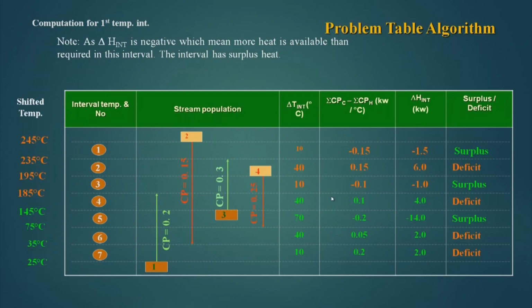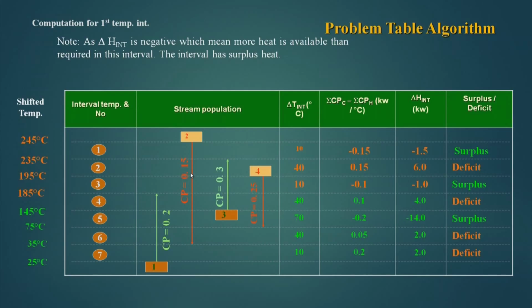Now, in a similar manner, if we see the temperature interval which is number 2, the temperature moves from 235 to 195 and the delta T is 40, and the summation CPC minus summation CPH is 0.15 and the delta H interval is 6, and this is deficit.